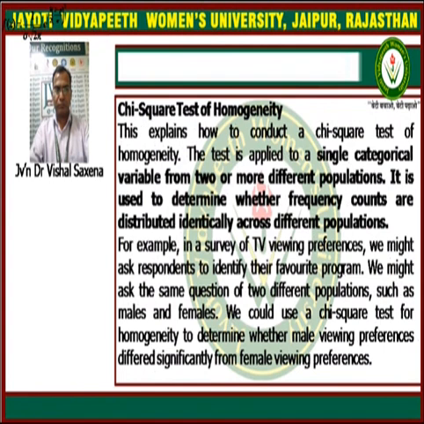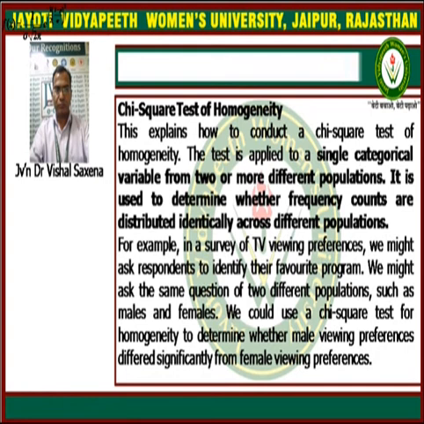Now, what is the chi-square test of homogeneity? The third test of this chi-square family. This test is applied to a single categorical variable from two or more different populations.